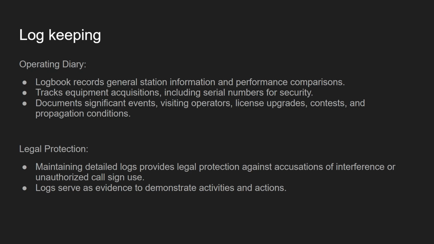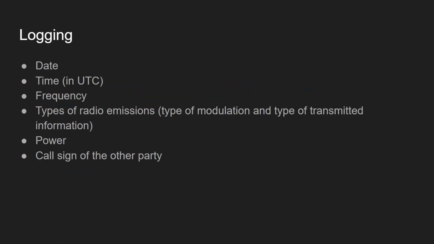Do you know what is the answer now? Okay, logging. You must include this information in your logbook: the date, the time in UTC, the frequency, the type of radio emission. It's best for you to log, like if you are using Morse code, you can say A1A, but you can also say CW.